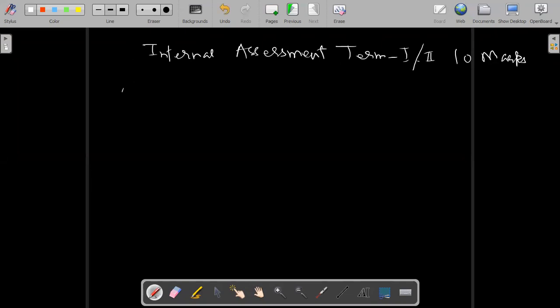It is divided into 2 parts. One is periodic test 1, test 2, test 3. So in the first term, from test 1 we will take 5 marks.